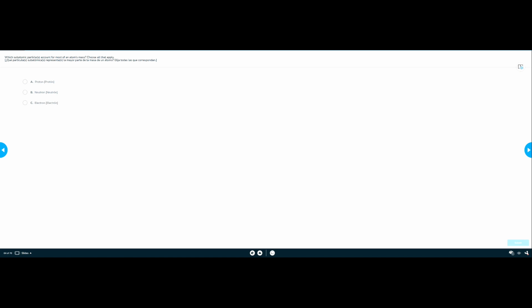Which subatomic particle or particles account for most of an atom's mass? Choose all that apply. Go back to the slide of the notes we just wrote down and choose which one accounts for the atom's mass.